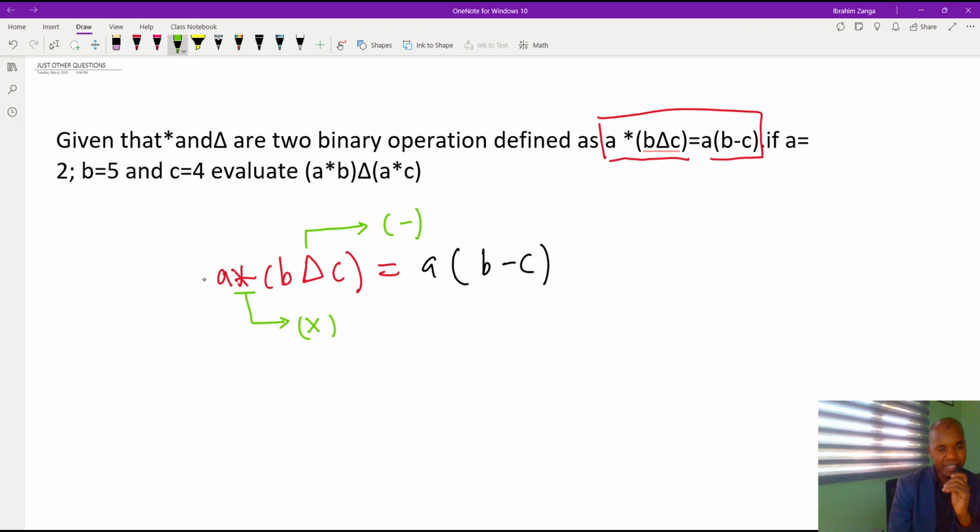If we only understand this connection, we can be able to solve this question here.